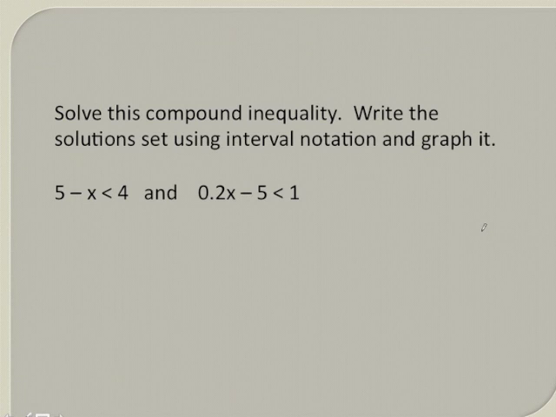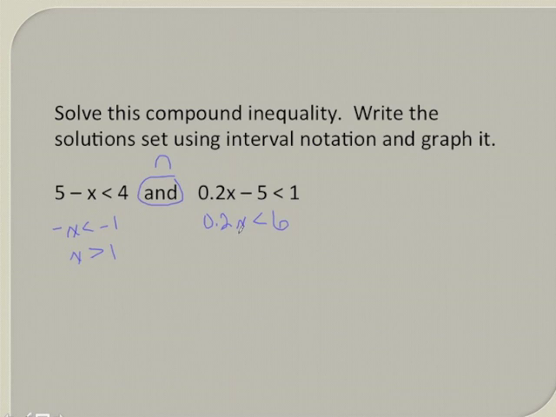In this one, we really have 2 separate inequalities that are connected with this "and," which of course is an intersection. Solving each one separately, negative x is less than negative 1, so x is greater than 1. Here we have 2/10 x will be less than 6 when we add 5 to each side.